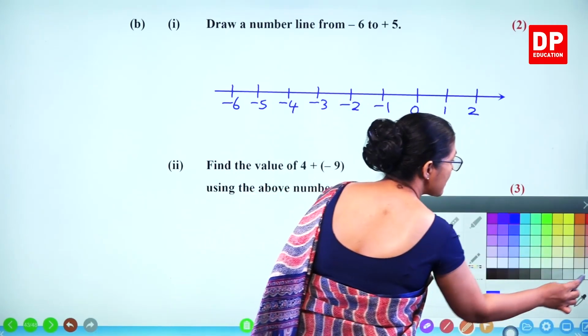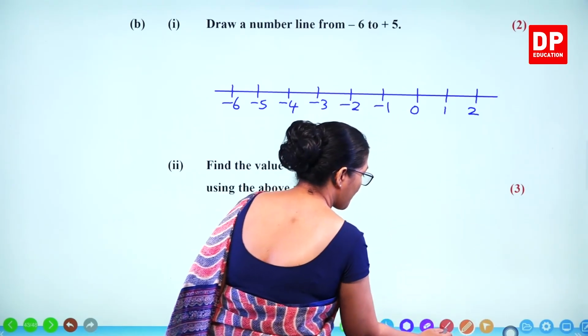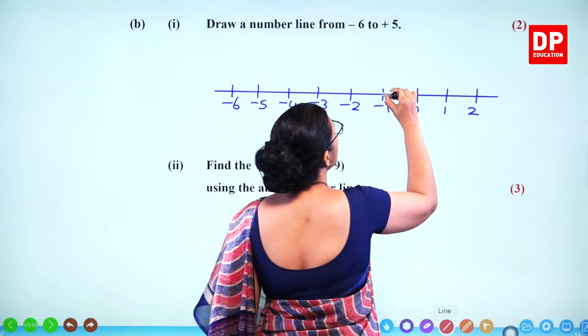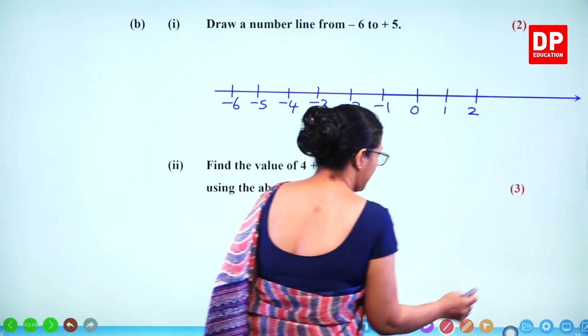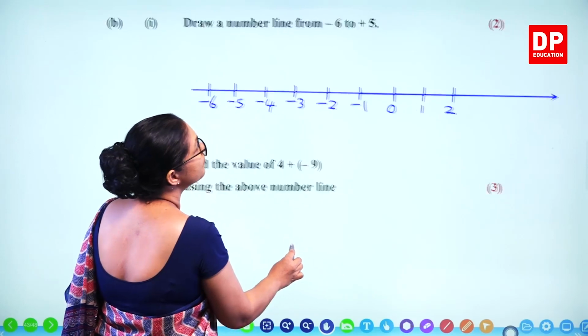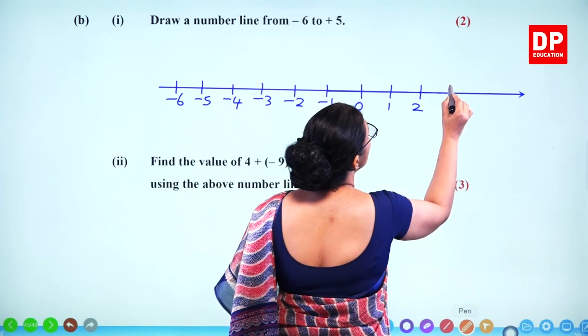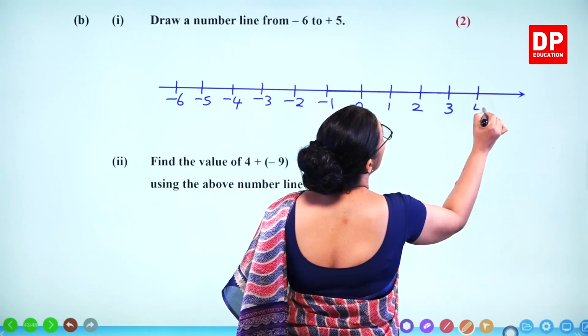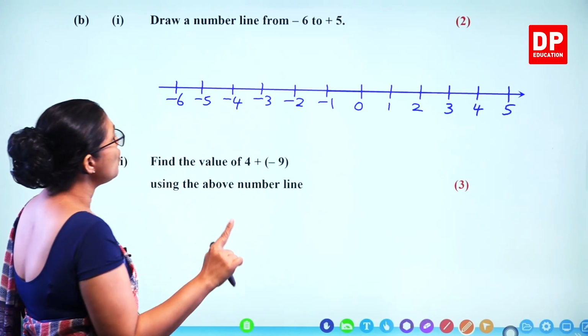And we can extend this line here. 2, 3, 4, 5. So -6 to +5.